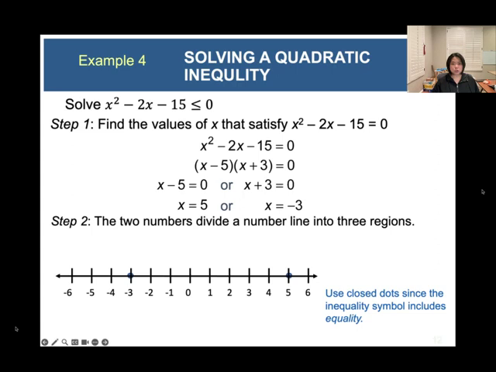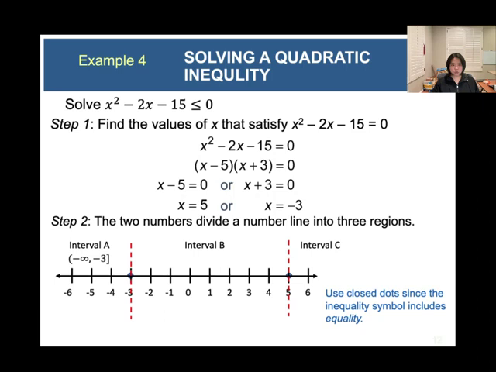Now, these two solutions divide the number line into 3 regions, and we could call them interval A, interval B, and interval C. Then we're gonna write down each interval. The first solution will be from negative infinity until negative 3, and since this is a closed dot, we use the bracket.